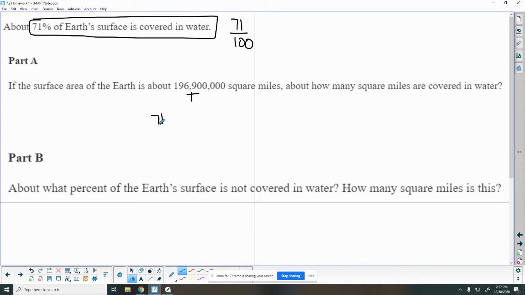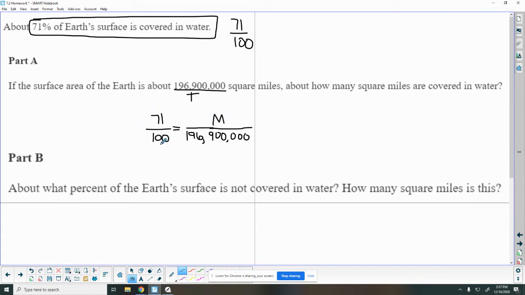So we know that 71% of Earth is covered in water. And here's the total of Earth's surface, 196,900,000. And we need to figure out what this percentage is. So we're figuring how many square miles, because we already have our percent.